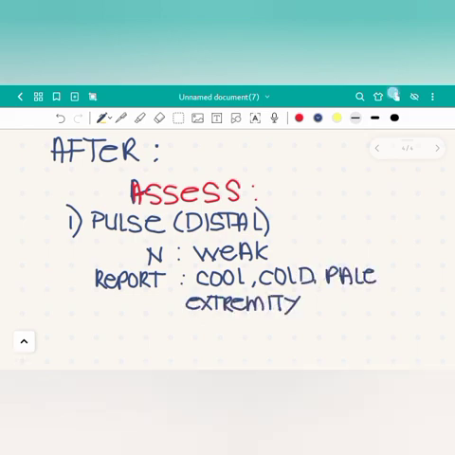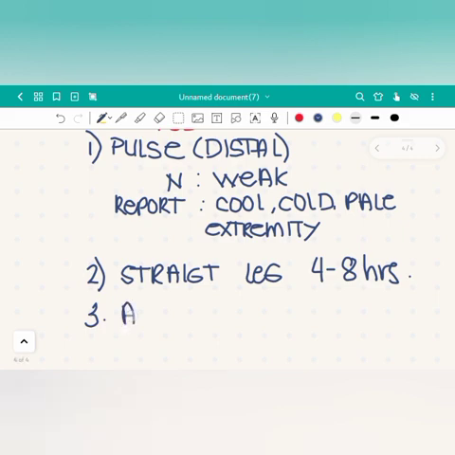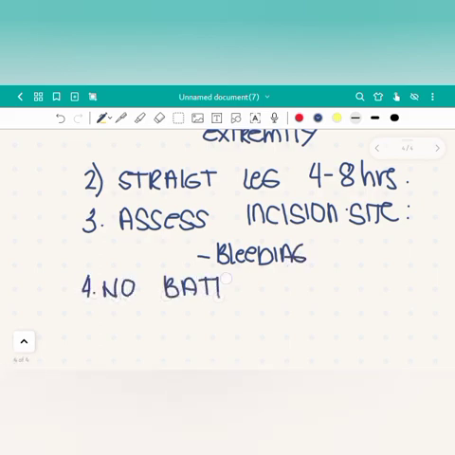And we should advise the mother to keep the infant on straight leg for 4 to 8 hours post-operatively, and we should assess the incision site for any bleeding. And encourage the mother not to pass the infant after operation and to remove the dressing after 1 day post-operatively.